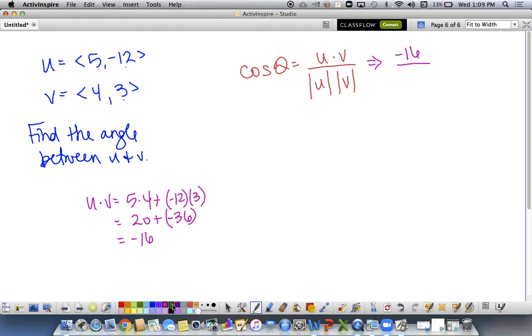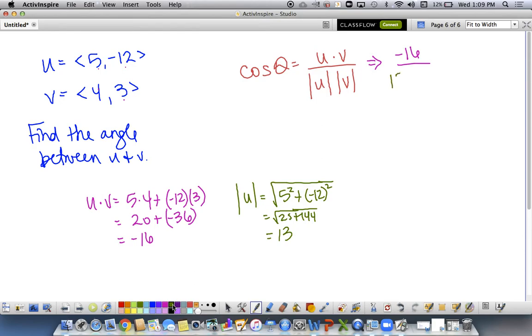Okay. Next, I'm going to find my magnitude. The magnitude of u. The square root of 5 squared plus negative 12 squared. 25 plus 144, I believe is 169, which is 13. Wow.